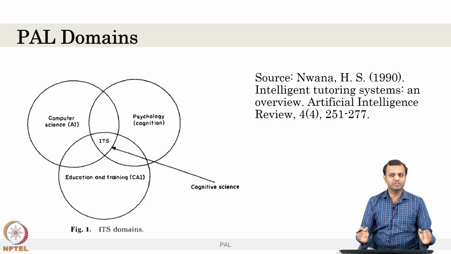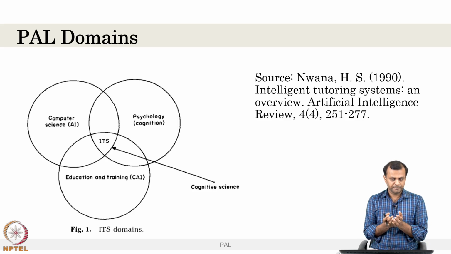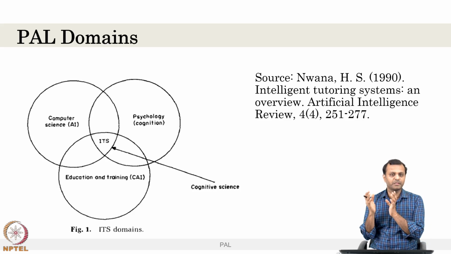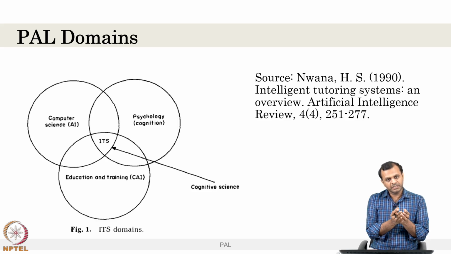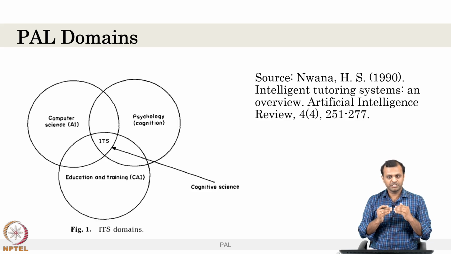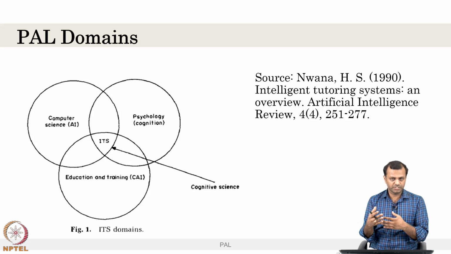The educationists come up with the pedagogy, how to teach. The psychologists come up with how people learn, and we use this knowledge to provide the content to the learner using a computer.